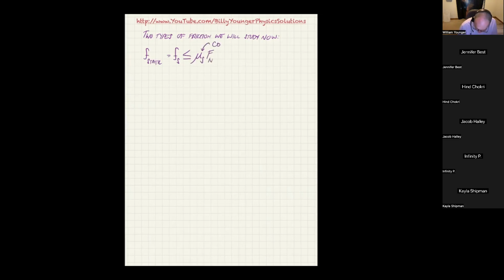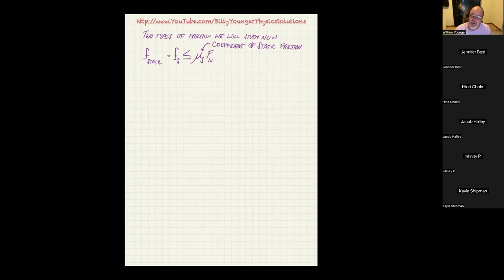This is called the coefficient of static friction. And there's a table of values right in your book. So for instance, there's a static friction for rubber on concrete. There would be a different one for rubber on asphalt. There'd be a different one for plastic on wood.